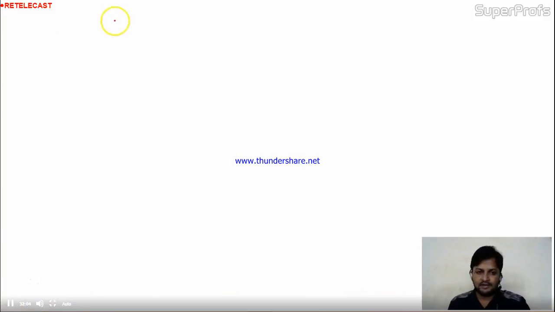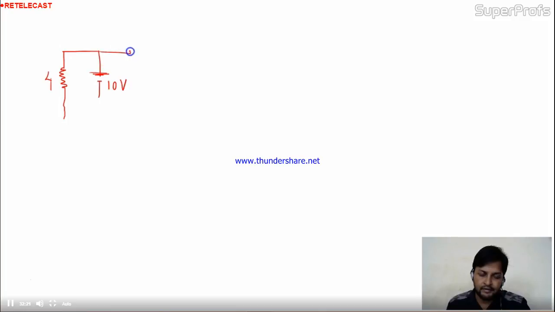Okay, the given circuit is: 4 ohm, 10-volt battery, 5 ohm, and here I have 2ix.